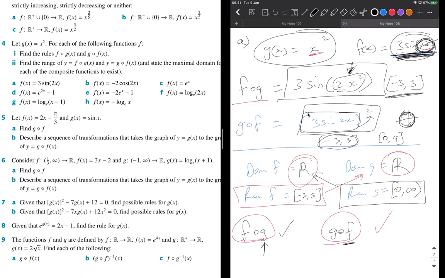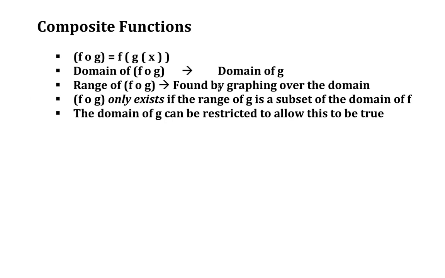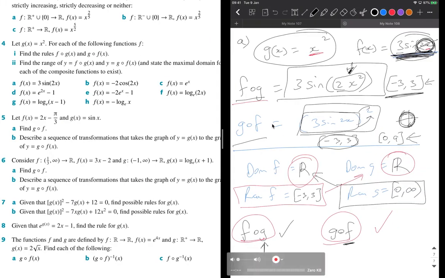And then we wouldn't get any negative values because we're squaring it, so it would just be 0 to 9. So there's the range of gof, and there's the range of fog. And remember it said here the range can be found by graphing it or by conceptualizing, which is what I've done. So that's composite functions.